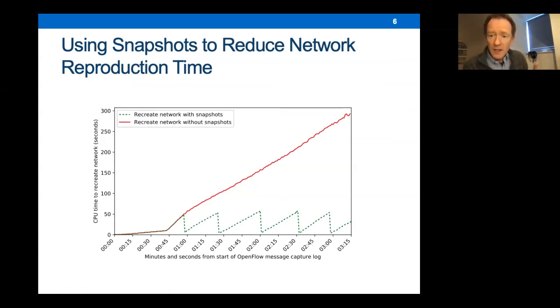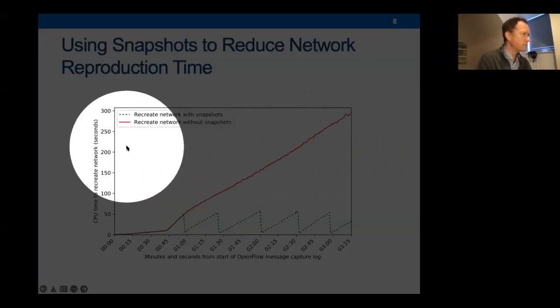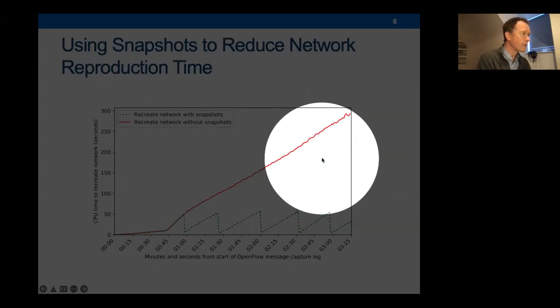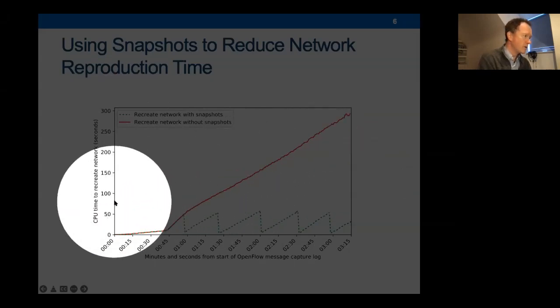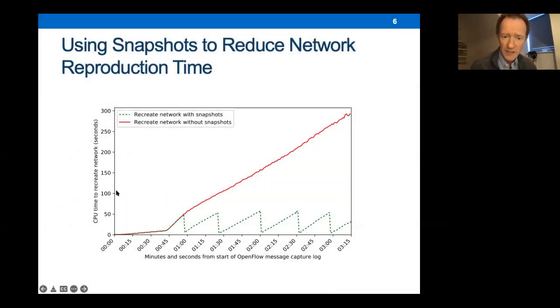We showed how the use of snapshots makes the reproduction time deterministic. And this chart shows how long it would take to reproduce a network for each point in its history without snapshots. That's the red line here, recreating a network by processing the OpenFlow messages in the log from the start of the log.